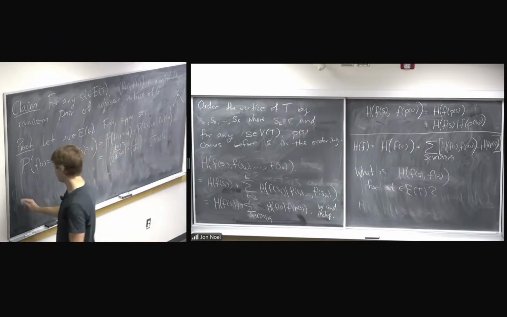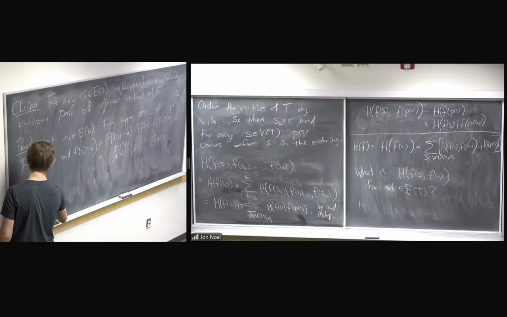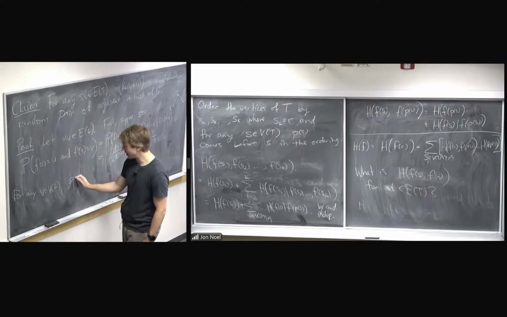So now for any vertex v, what I want to compute next is the probability that f of t is equal to v.